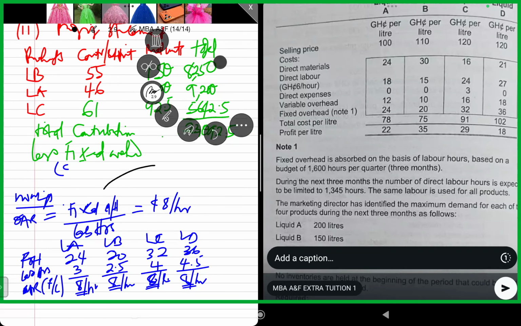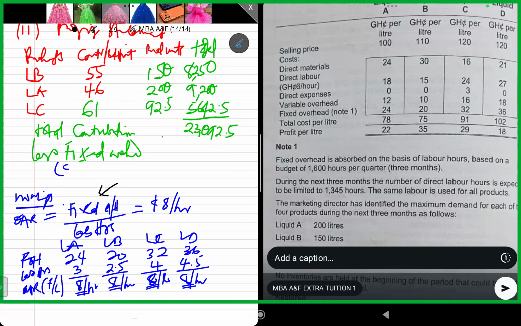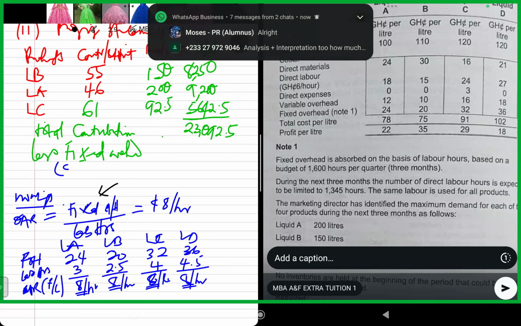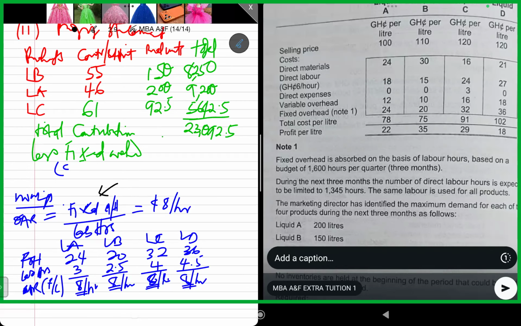The OAR formula is OAR equals fixed overhead over labor hours. If I want to find fixed overhead, if I want to make fixed overhead the subject, what should be the formula?